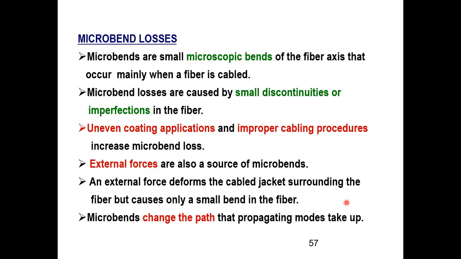If I have a fuel tank and I want to see how much fuel is filled, I can design a fiber sensor below it, and based on the weight of the fuel, the light will escape or it will be there. I can measure the power and calibrate it in terms of the fuel. So there are a number of applications where I can use this bending loss mechanism as a sensor.